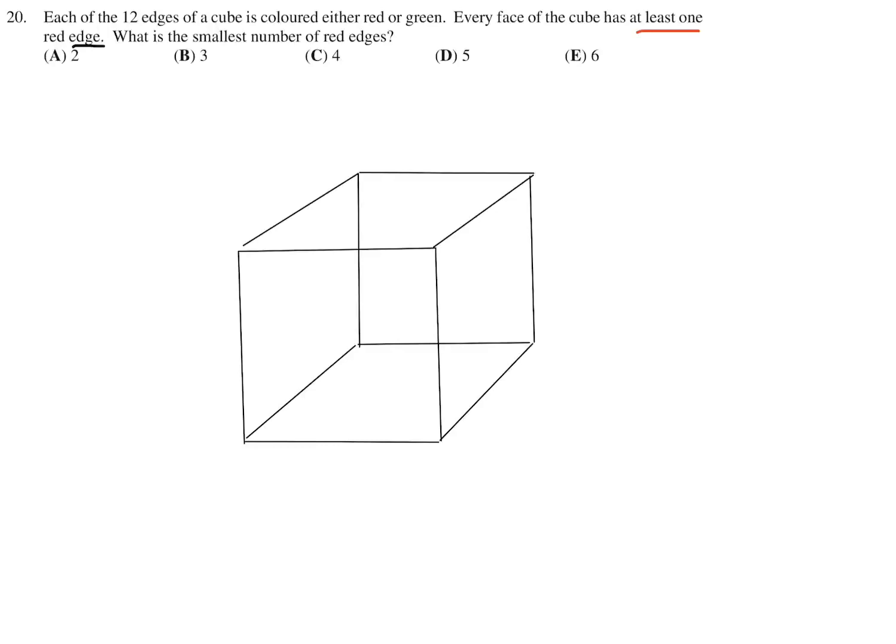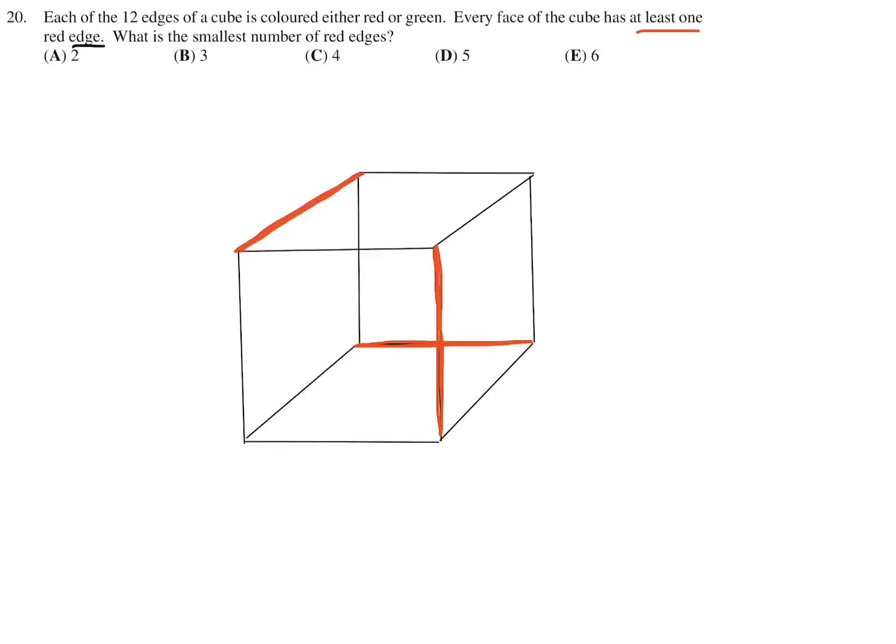And after a lot of trial and error, these kinds of questions become a bit more clear. The way to do this is you paint that one red, then you paint this one red, and then you paint this one red.